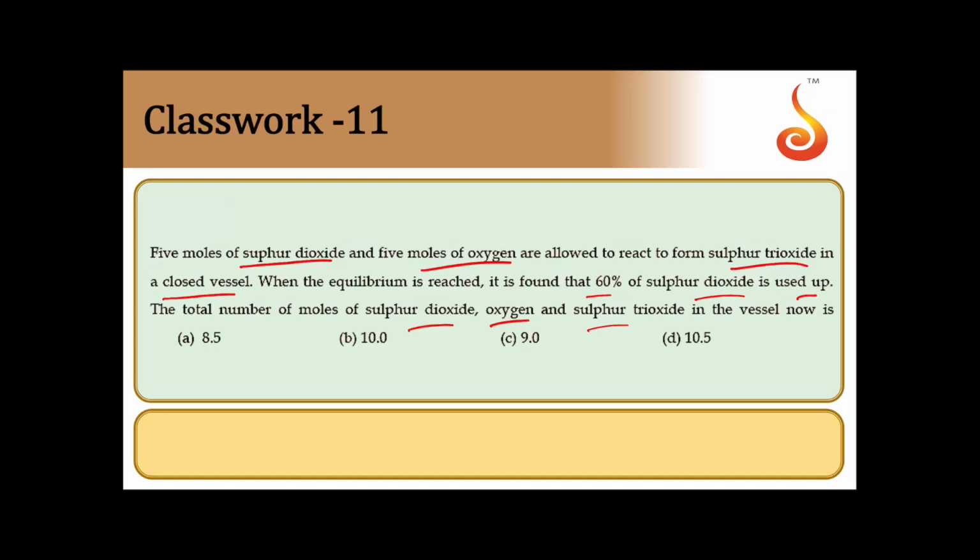So they have given us initial moles of sulfur dioxide and oxygen gas, and they are reacting to form sulfur trioxide. At equilibrium, 60% of SO2 is used up. Then total number of moles are.